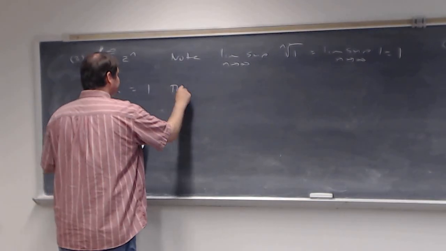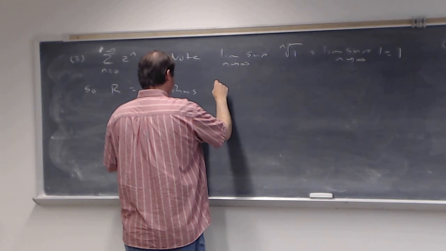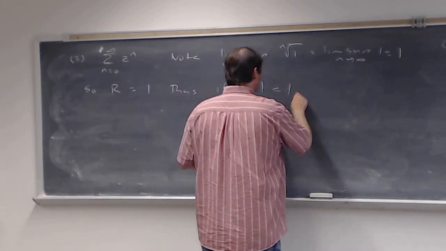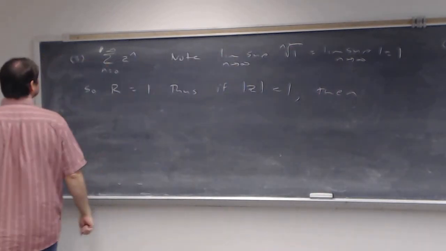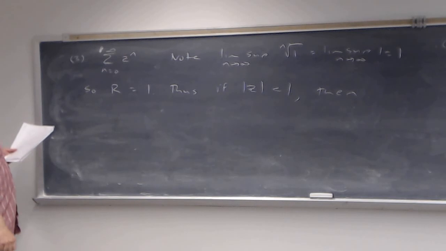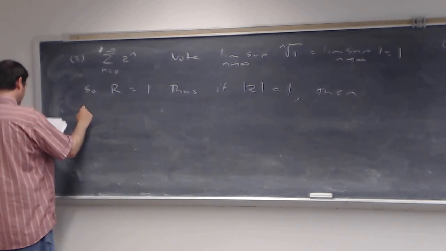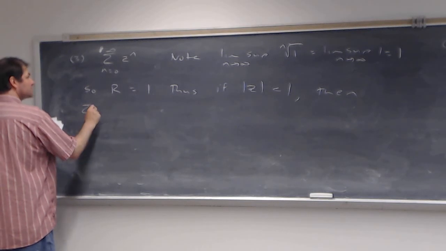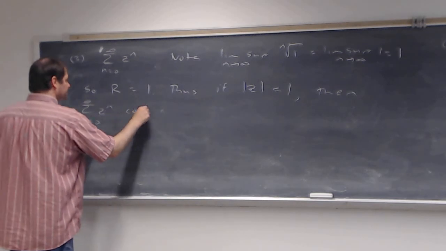Now, that tells us, thus, if the norm of z is less than 1, then this power series converges.